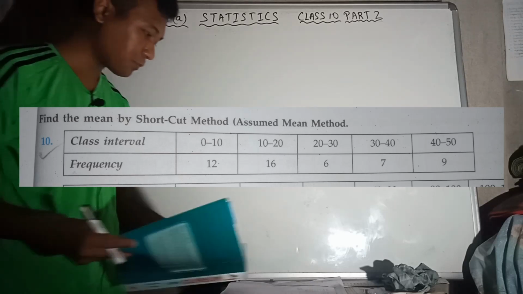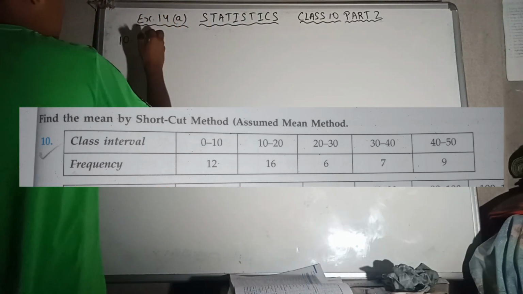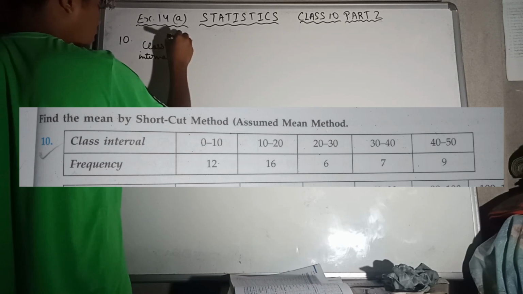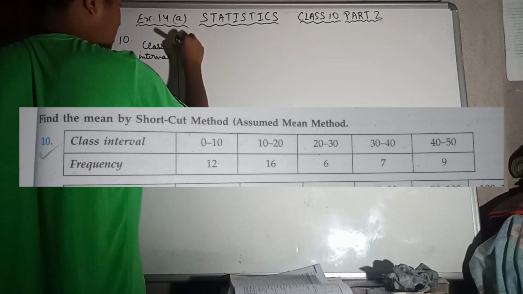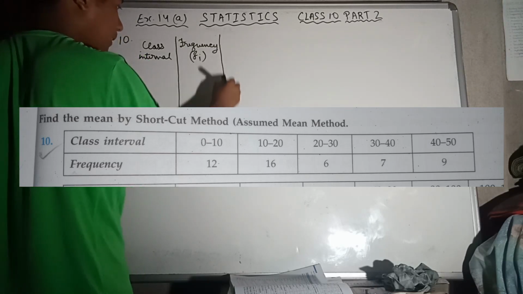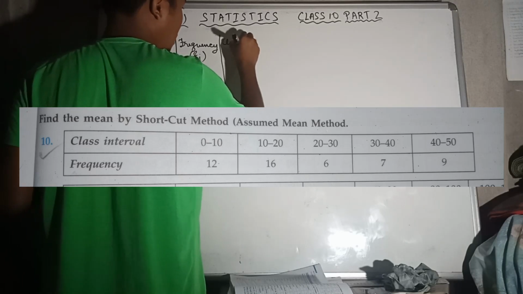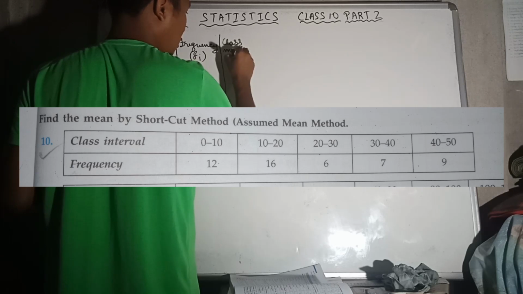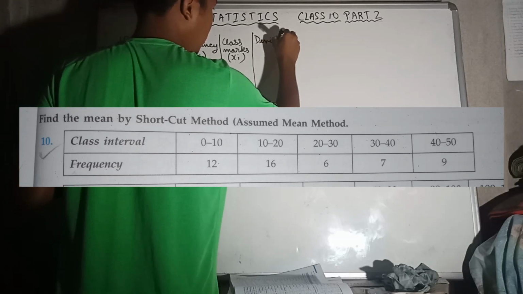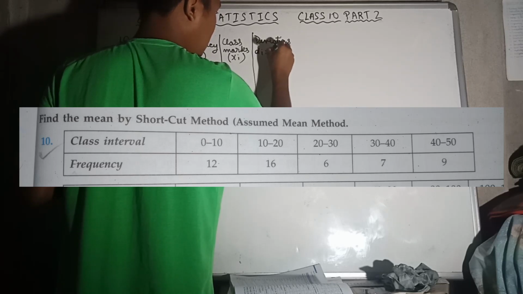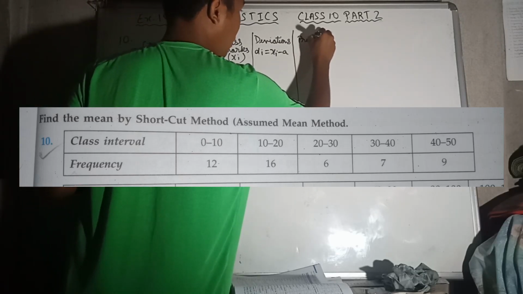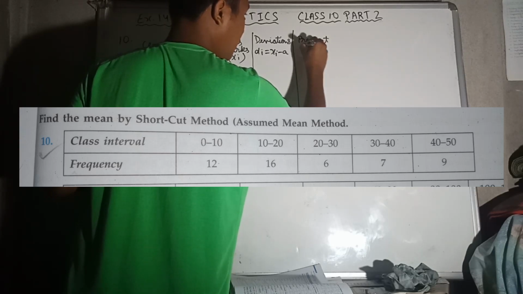Now the class interval, the frequency fi, our class marks xi, deviations di equal to xi minus a, and our product fi di.